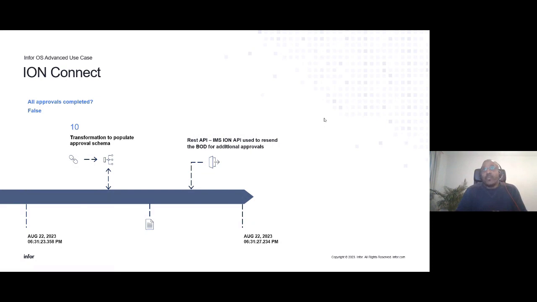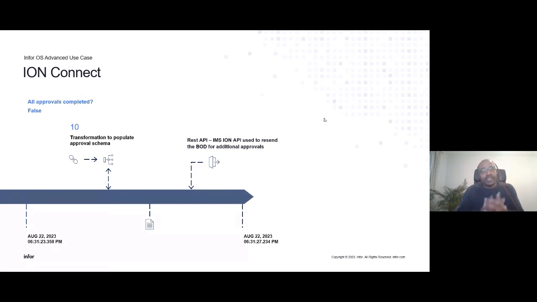And then we funnel that supplier party master board back into Ion, right? Because not all approvals have been completed. We have more approvers in our business rules who need to approve or reject this particular bank account approval change.